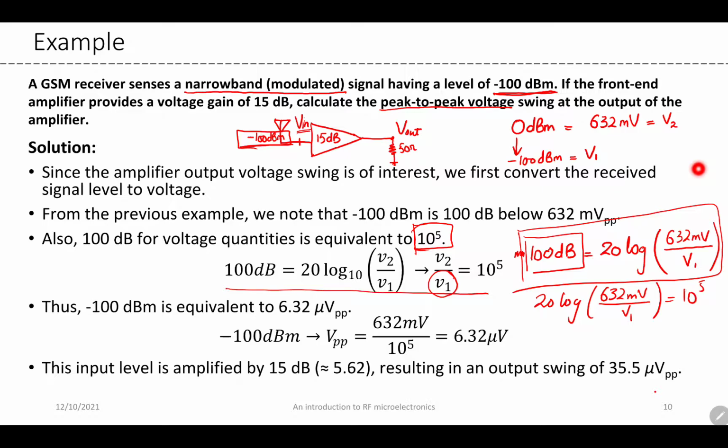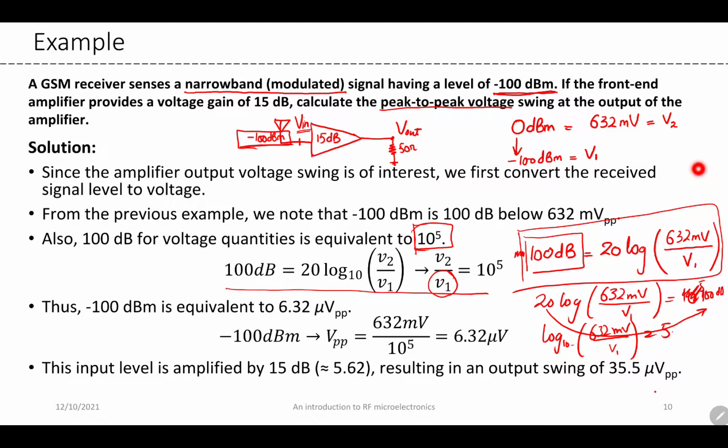Oh, sorry, 20 is 100 dB. Then when you divide this by 20, you have log to the base 10 of 632 millivolts by V1 equals 5.